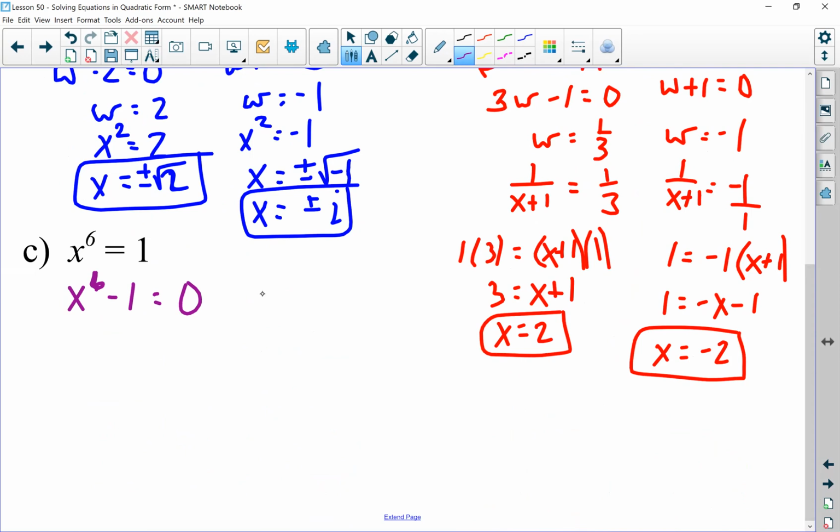But if I let w equal x cubed, I would get w squared minus 1 equals 0.